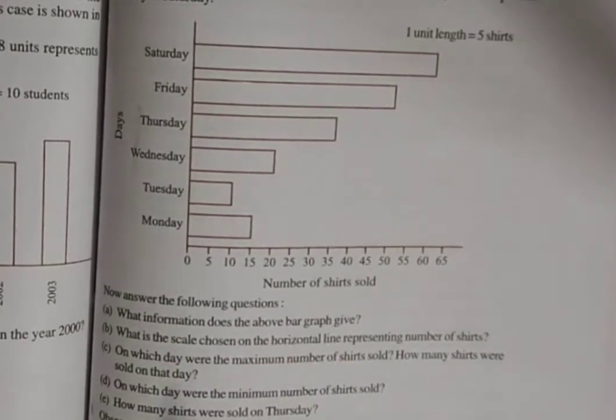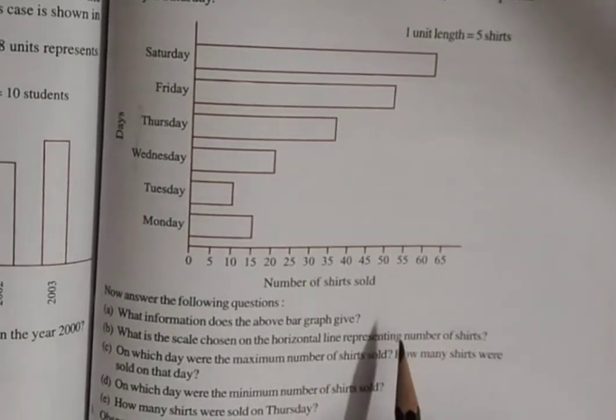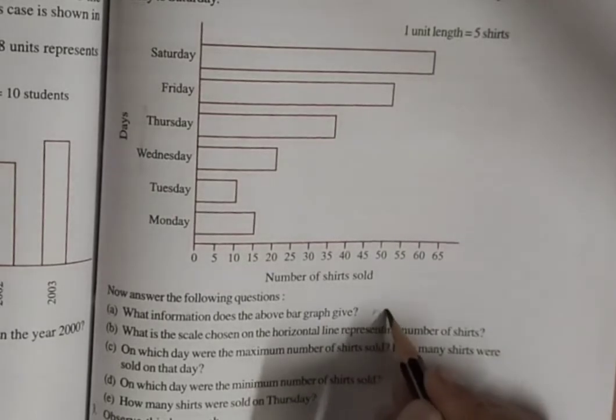And the scale which is given here is 1 unit length represents 5 shirts. The question is, what information does the above bar graph give? So we can say the given bar graph shows the number of shirts sold from Monday to Saturday.